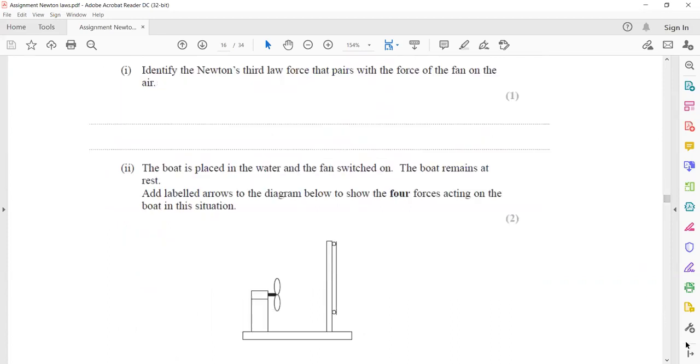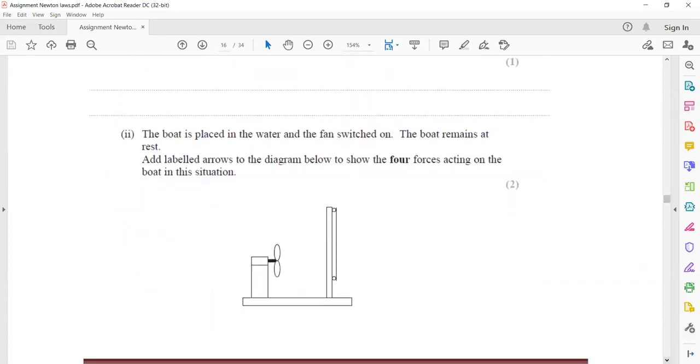The boat is placed in water, as you can see, and the fan is switched on. The boat remains at rest. So the physics student was correct that it will not move. Add labelled arrows to the diagram below to show 4 forces acting on the boat in this situation. So what are the 4 forces acting on the boat in this situation?